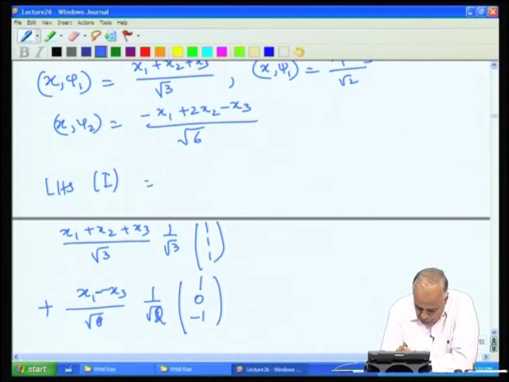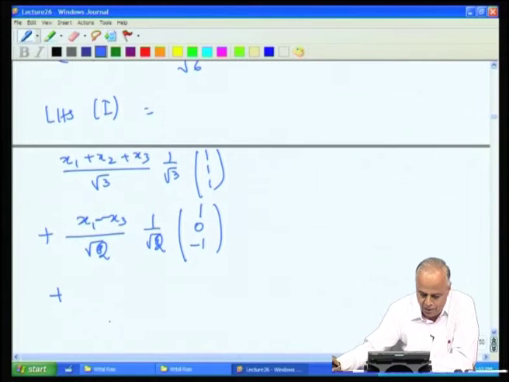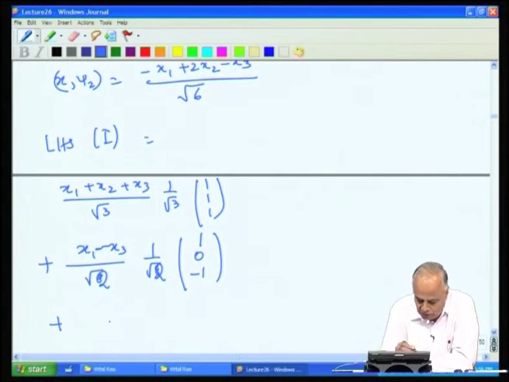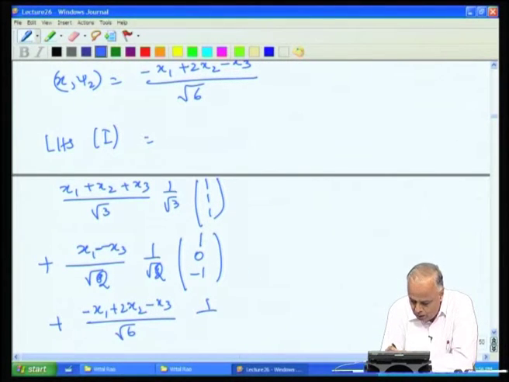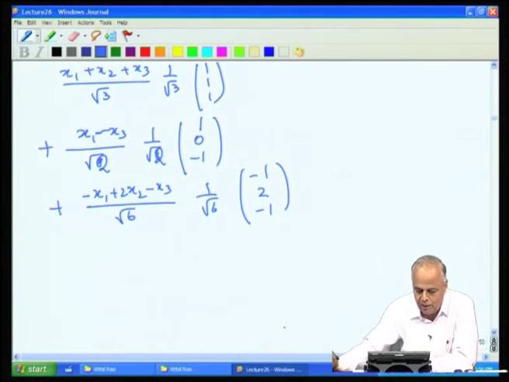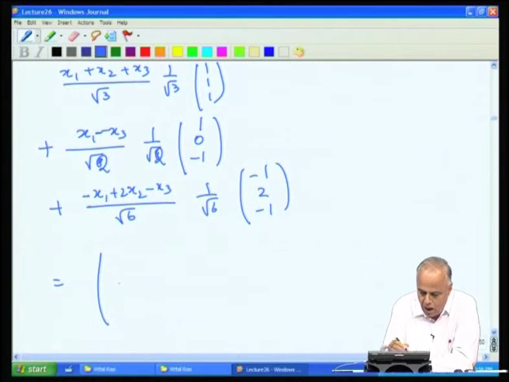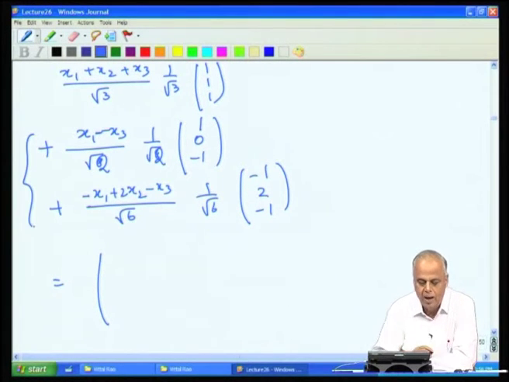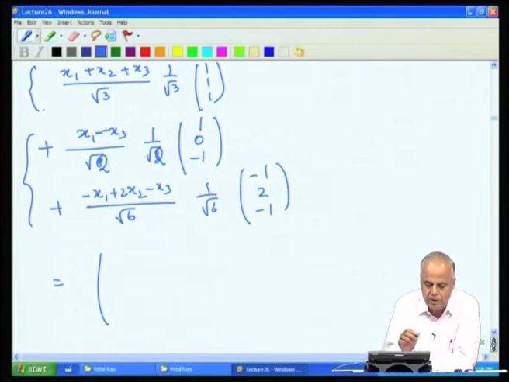Then the last one is x dot psi 2, which is (minus x 1 plus 2 x 2 minus x 3) by root 6, into psi 2, which is 1 by root 6 into minus 1 2 minus 1.